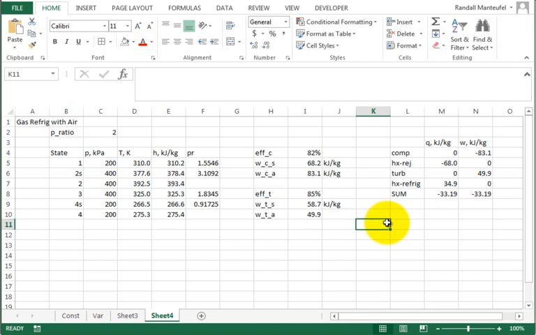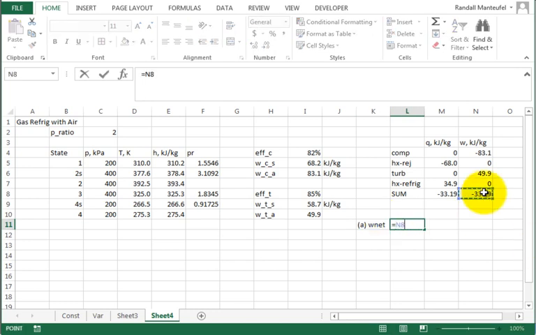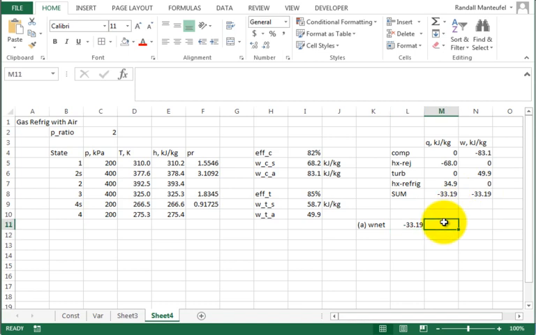So we could put a table for our answers. For part A, we were interested in W net. And what is that equal to? It's equal to negative 33.1, isn't it? In kilojoules per kilogram. For part B, we're interested in Q cooling or refrigeration, and that's equal to 34.9.